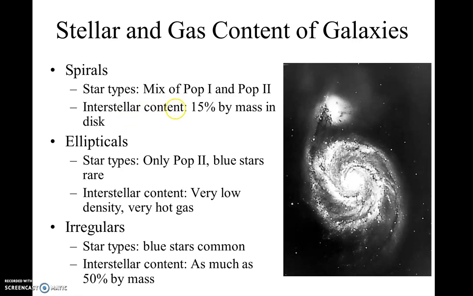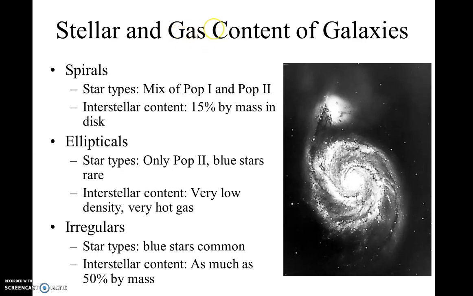This is really important as far as spiral galaxies go. On average, spiral galaxies have about 15% of their mass still in the form of gas and dust. Okay, so that turns out to be really, really important. This is the material in between the stars, right? Interstellar means in between the stars.